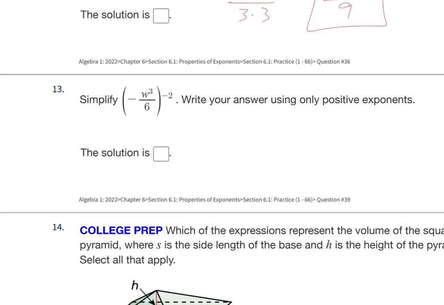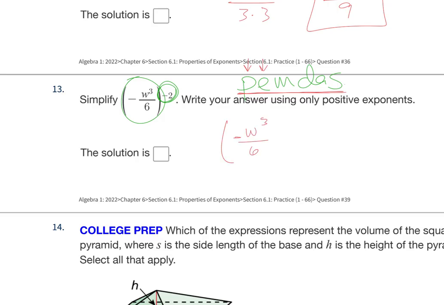Now we've got this whole thing being raised to the negative 2 power. One thing I like to do with that is remind myself of PEMDAS. Funny how this is the first time I'm mentioning PEMDAS in this whole thing, considering exponents and parentheses are all over the place on this, right? So you're supposed to deal with the parentheses first, but let me ask you a question.